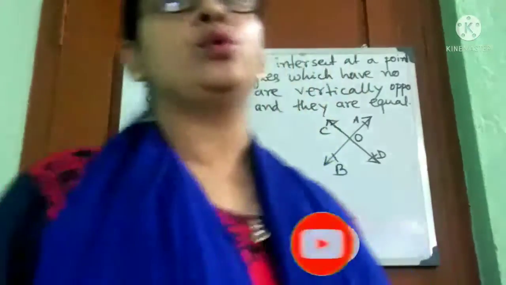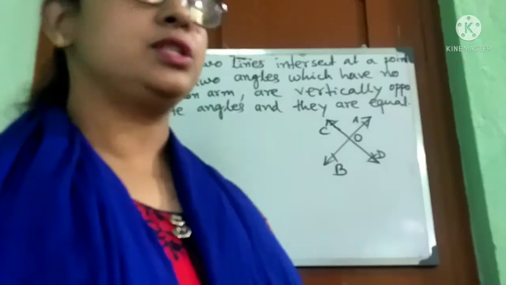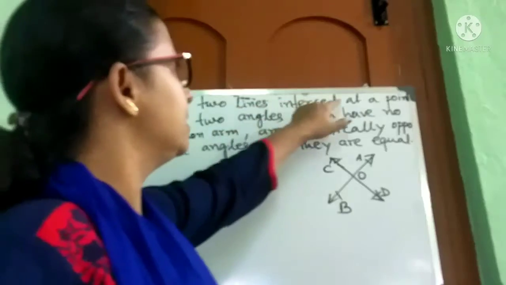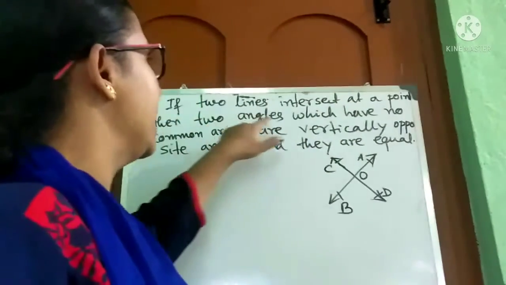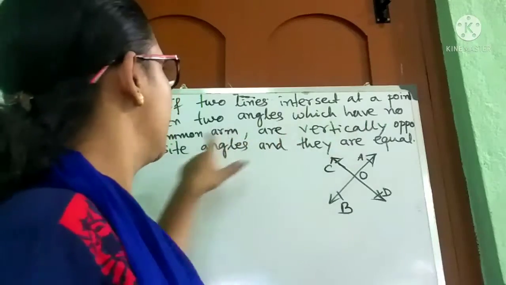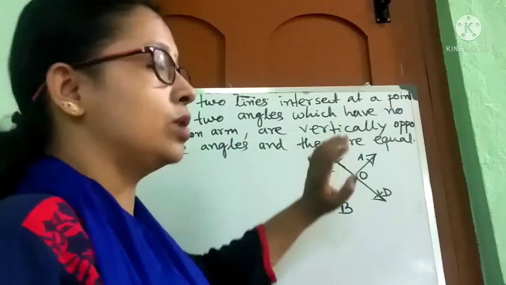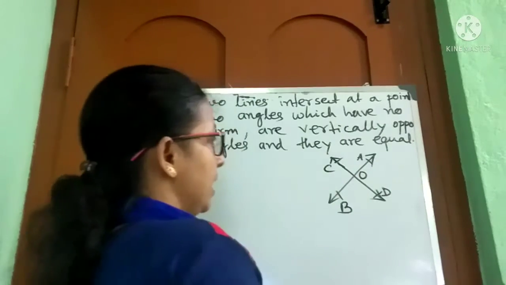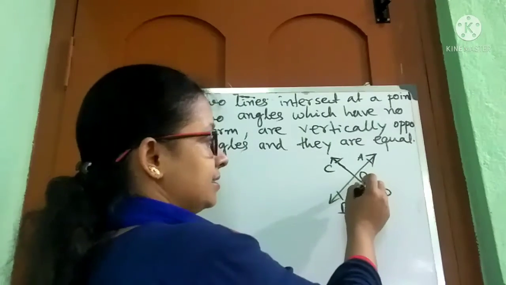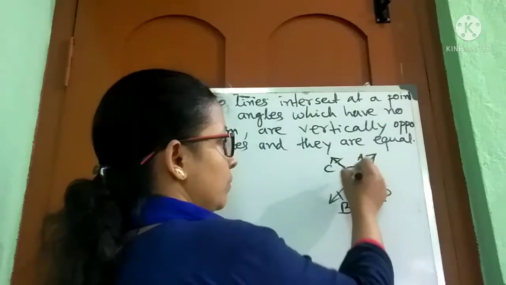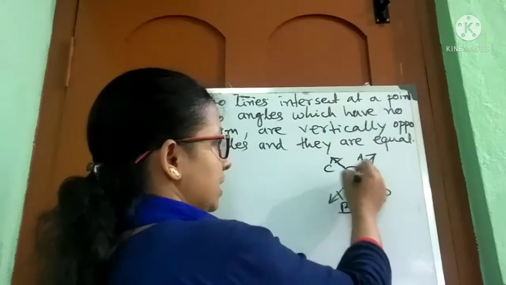First we have to know about vertically opposite angles. If two lines intersect at a point, then the two angles which have no common arm are vertically opposite angles and they are equal. See here, two lines AB and CD intersect at point O, and we get two pairs of vertically opposite angles.